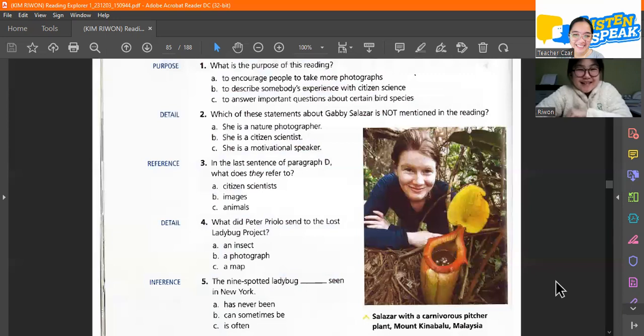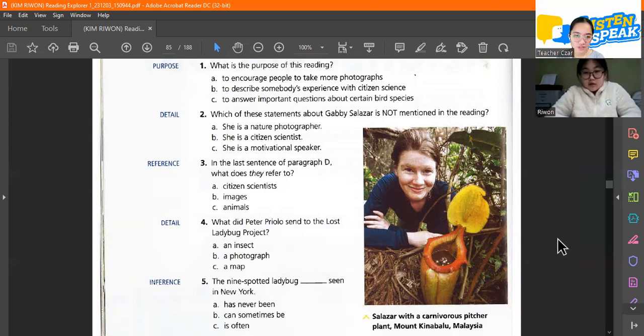Okay, good. So how about two? Which of these statements about Gavi Salazar is not mentioned in the reading? She is a motivational speaker.